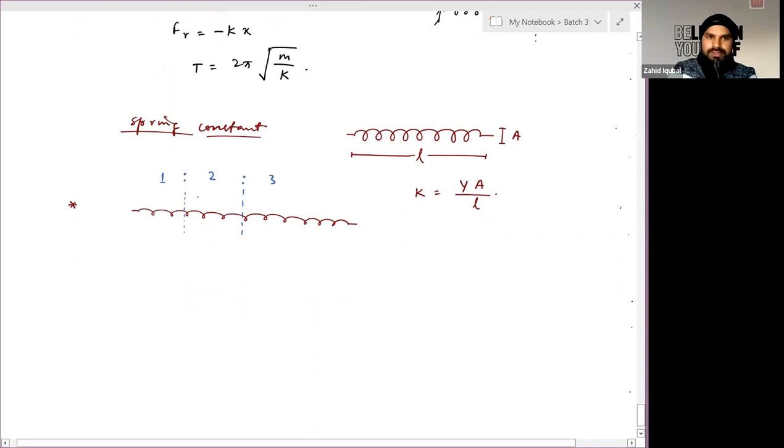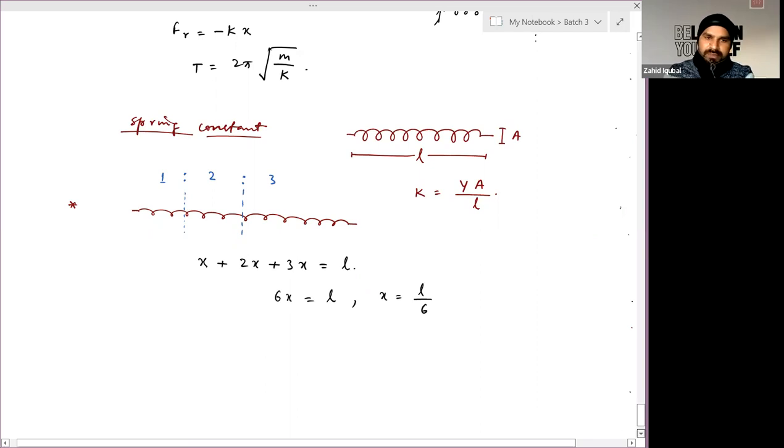Since these three segments are in ratio, you can say first segment is x part, second segment is 2x part, and third segment is 3x part. Sum of all these three lengths will be equal to natural length L of this spring. Now on adding x plus 2x plus 3x, 6x equals L, or x is equal to L by 6.